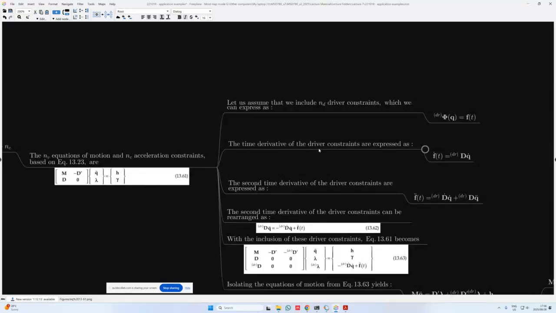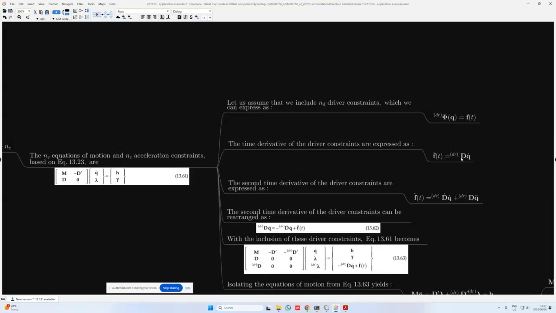Now the time derivative of the driver constraints are then simply expressed as f dot t, which is equal to the Jacobian, the driver Jacobian, multiplied by q dot, which is the velocity vector. If we go one step further, we can find the second time derivative, which relates to the accelerations and the velocities. And this is simply facilitated by the product rule.